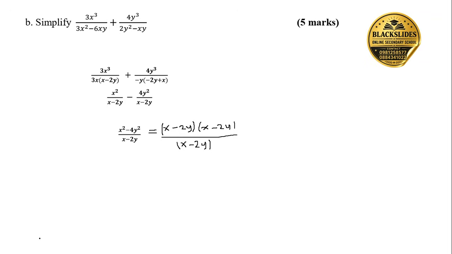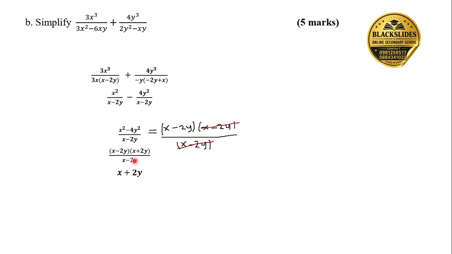So by the end of the day, the denominator is on here. We'll cancel one of these, and the result is going to be x minus 2y.